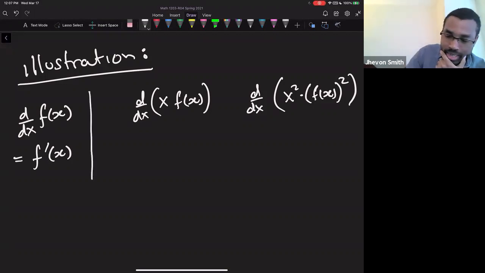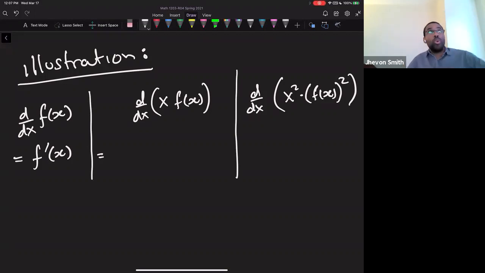But what about this guy in here? Now you have x times some function. You don't know what that function is. It could be e to the x, could be ln x, could be the square root of x cubed minus 7, could be a constant, could be anything. I don't know ahead of time what it is. Can I differentiate this expression? What do you guys think?